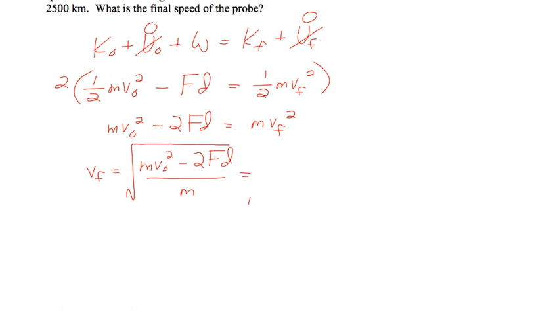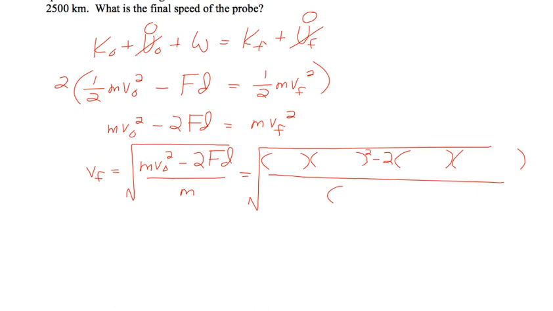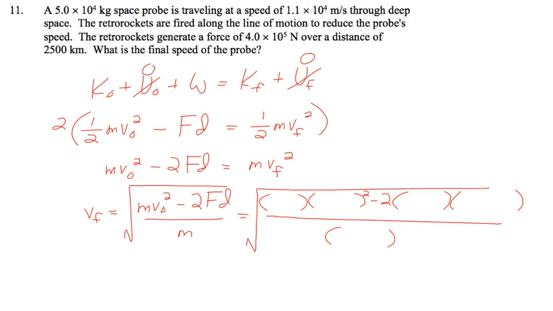And so plugging in the numbers, we're going to get the square root of m vo squared minus 2fd, all divided by m. The m is 5 times 10 to the 4th kilograms, so I'm going to put that right in here, 5.0 times 10 to the 4th kilograms there and there.